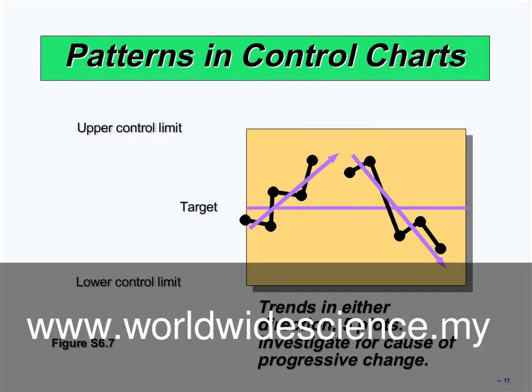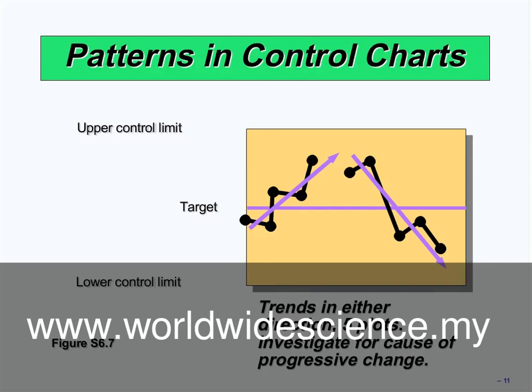If you face a trend, an upward trend or a downtrend, you can say that the process is not controlled. Despite all of the points being located between the upper control and lower control limits, we have a trend that is increasing or decreasing.